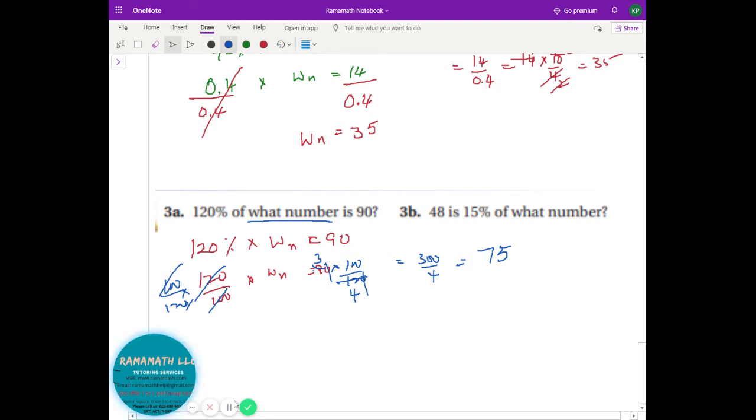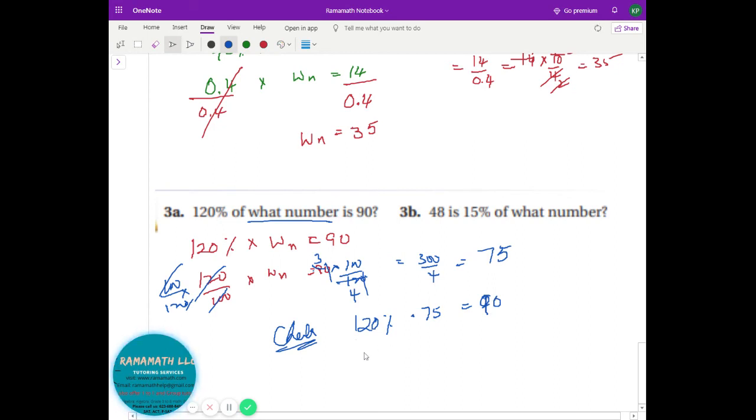So how do you check your answers? Okay, if you want to check your answer, that's 120% of 75. It should be 90.